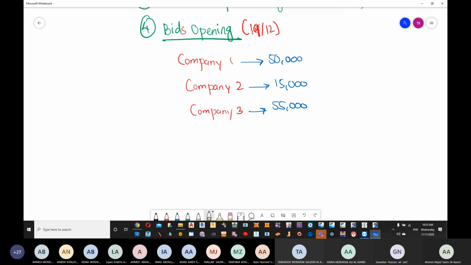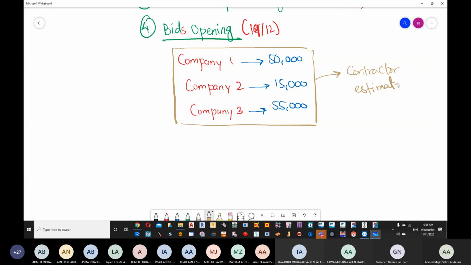Now, to keep it simple, these offers have been done by whom? Can I say that these are contractor estimates?